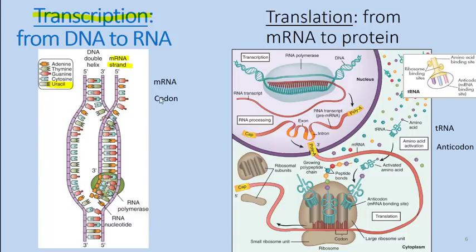And what will end up happening is this copy of that segment of DNA called mRNA, once it's been edited and spliced and really finalized into its final form, is going to leave the nucleus. And you can see that happening here, that it's leaving the nucleus and it's going to travel to a ribosome where protein synthesis will occur.